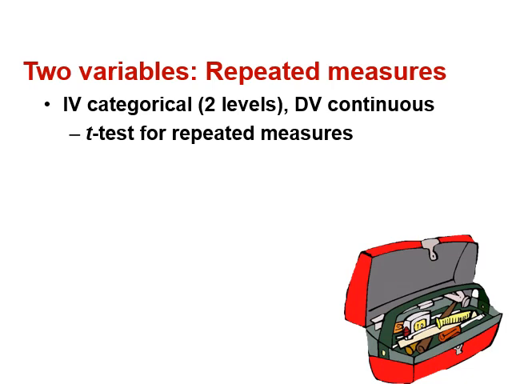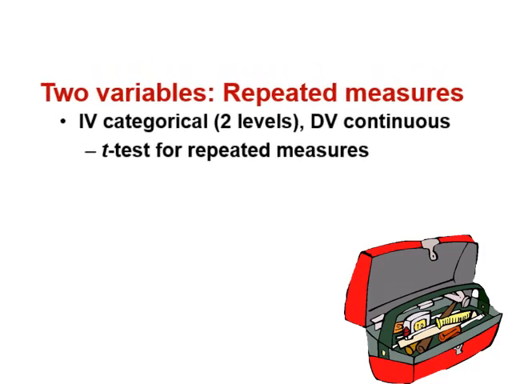However, the same people or, and we'll get into this, a matched sample is what's being used to compare those two groups. Our DV is still continuous, meaning it is either ratio or continuous data. And we have a t-test for repeated measures. So that's our name, the t-test for repeated measures or the t-test for dependent measures. And again, let's put that into our toolbox.